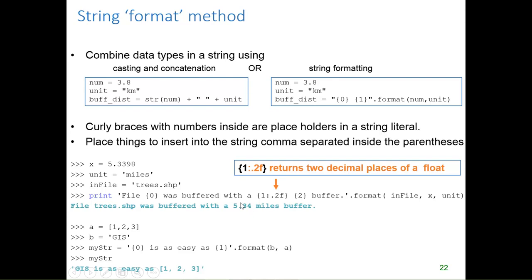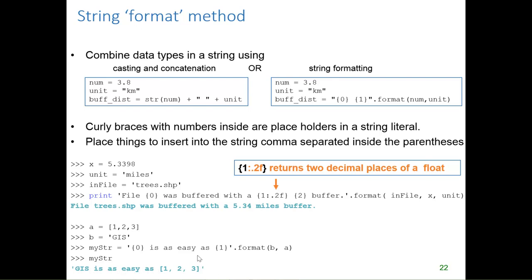If we didn't have the colon point 2f, this would just appear as 5.3398. We can also use formatting for other data types. This is a list, which we'll be talking about soon. We can simply put A in here and it prints out just like it was when we started.